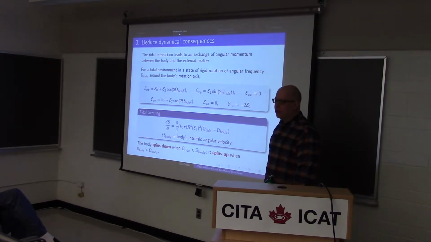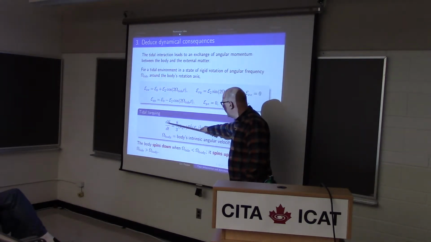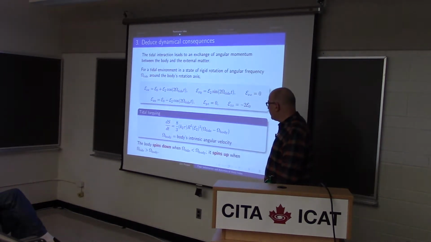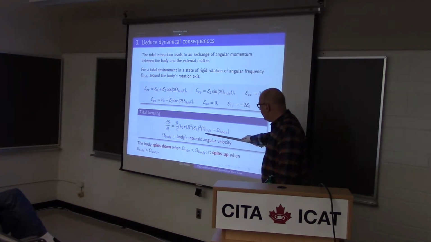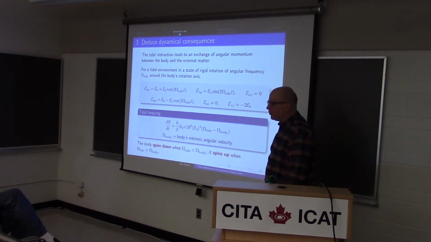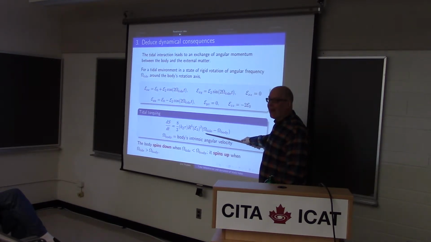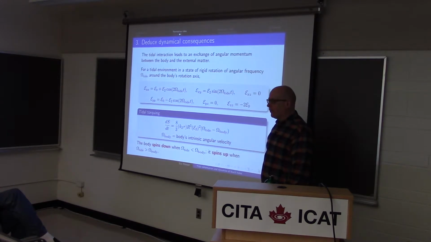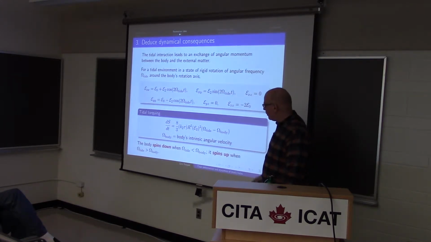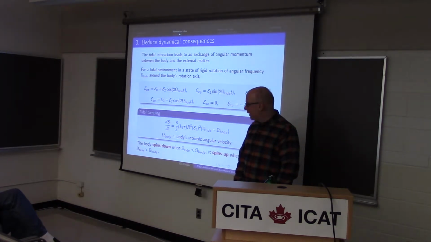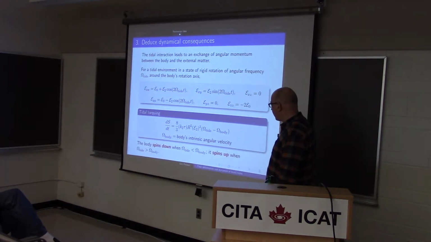What this equation says, crucially, is that the sign of the rate of change of the spin angular momentum is dictated by the relationship between omega tide and omega body. So if the tidal field rotates faster than the star is rotating, you spin it up. If it's the other way around, you spin it down. And of course, if you've achieved equality, then you have an equilibrium and the spin stops changing.